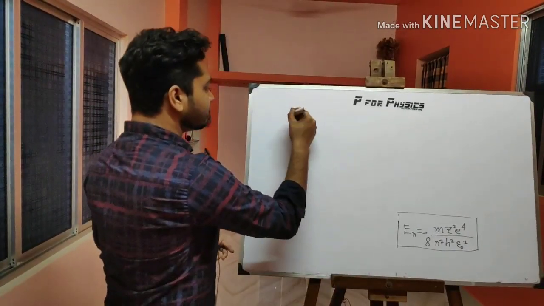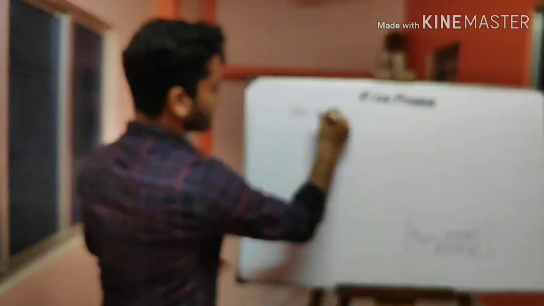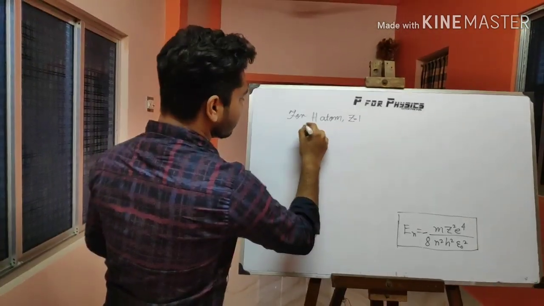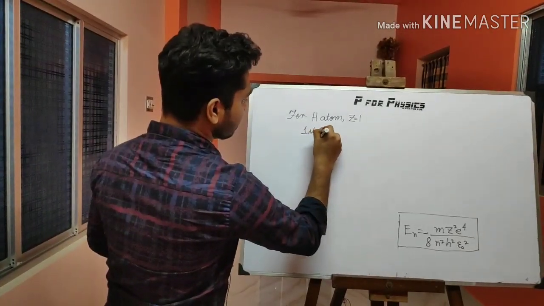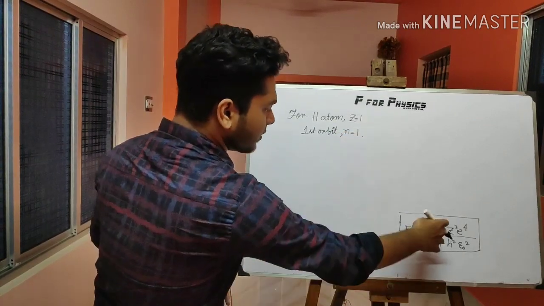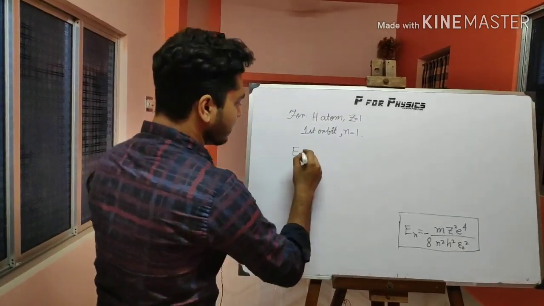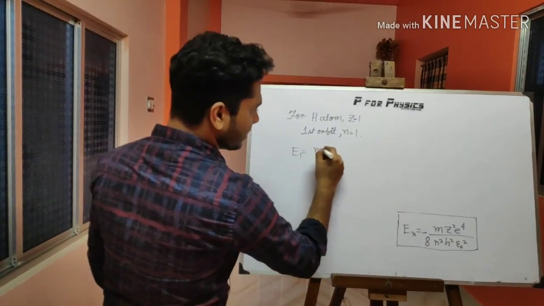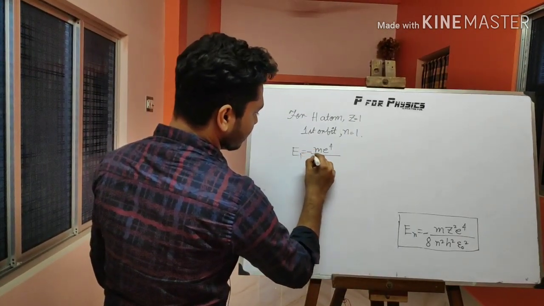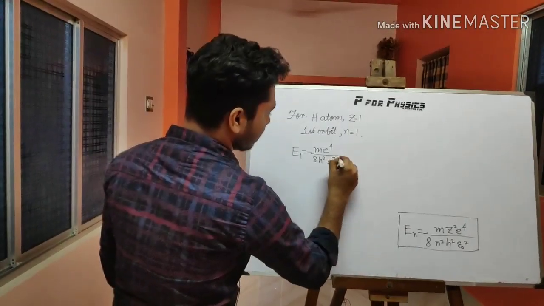So for hydrogen atom, we have Z equals 1, and for the first orbit we have n equals 1. Put it in this one, we have the energy that is written as E1. We will be having 8 m e to the power 4 over 8 h square epsilon naught square.